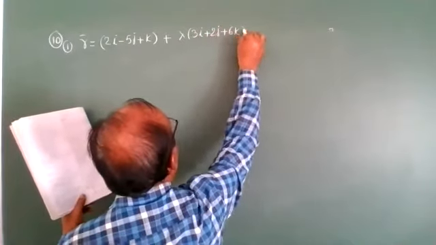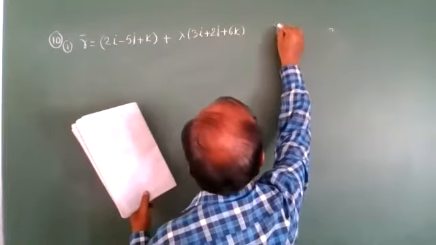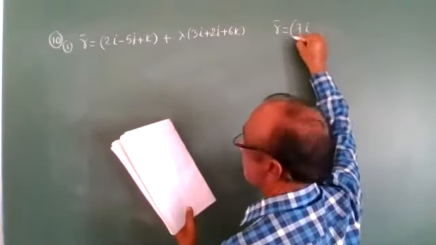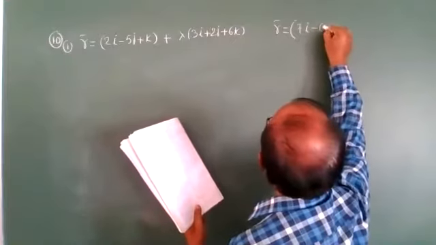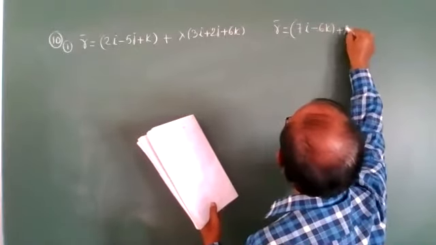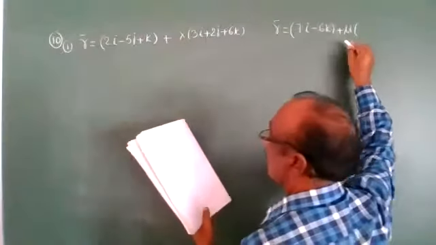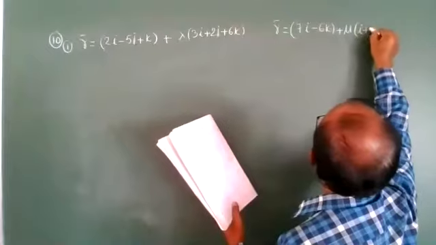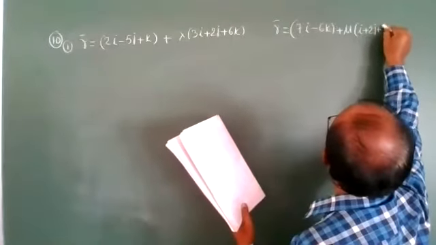The second line is r bar equals 7i minus 6k plus mu into i plus 2j plus 2k.